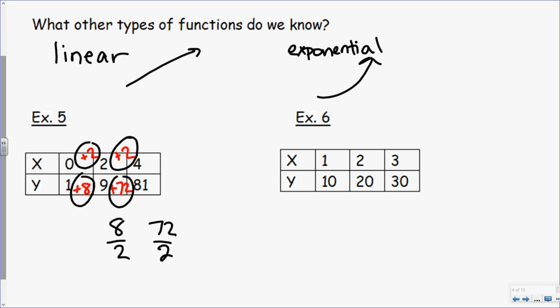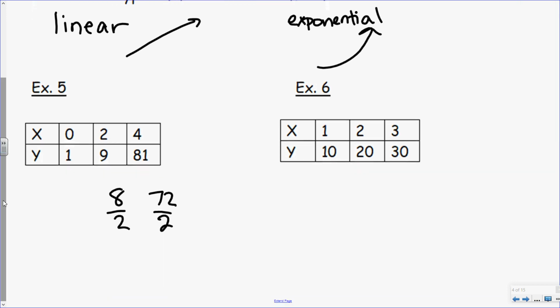So what is happening to go from 1 to 9 to 81? So when I'm looking at 1 to 9 to 81, well, how do I multiply? Remember, exponentials are using exponents. So what am I multiplying by to get something squared? So a squared has to equal 9.